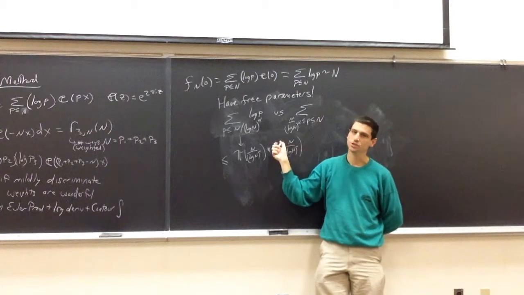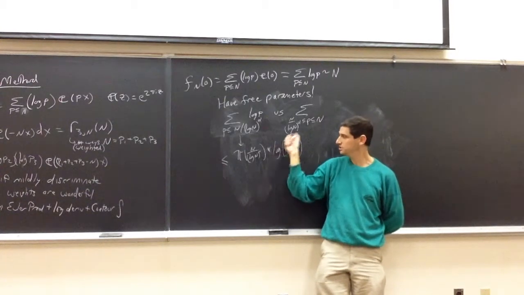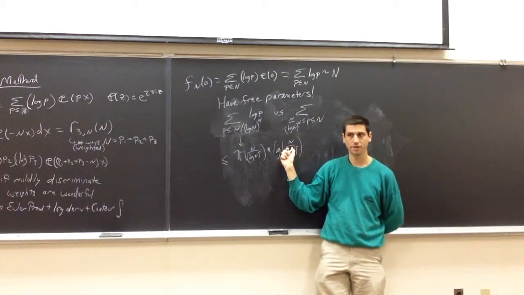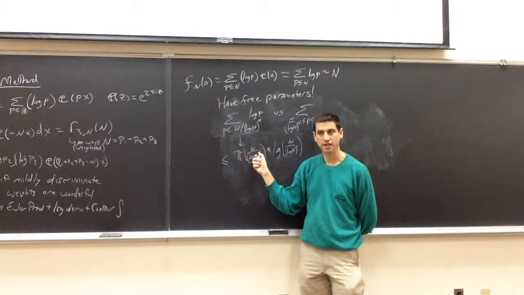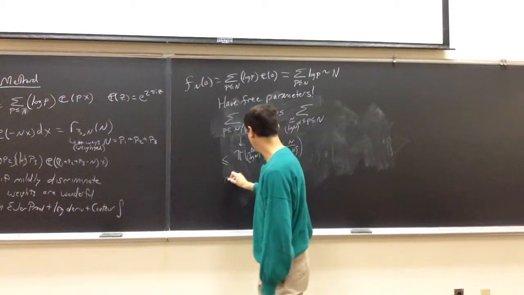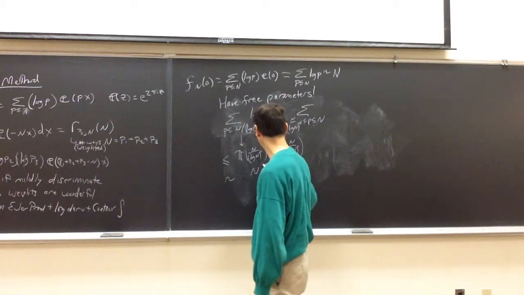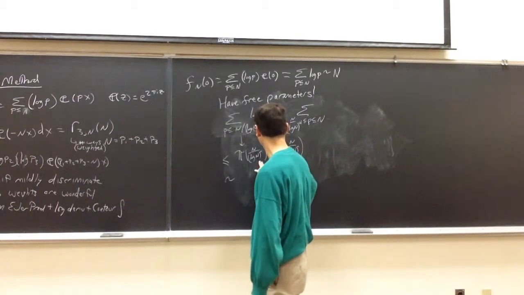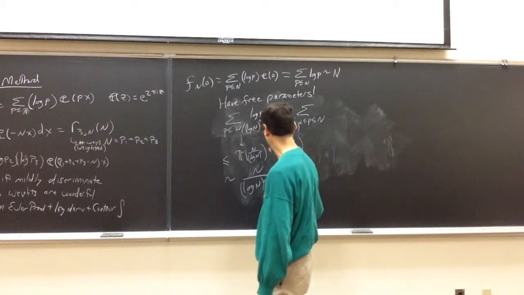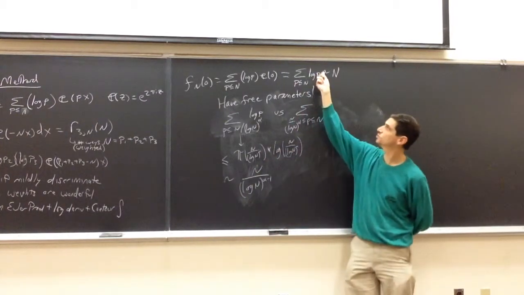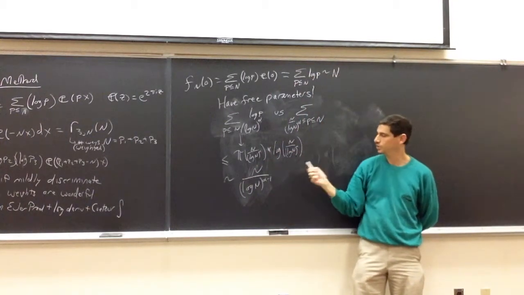The minus log log is small relative to the log. So this term really looks like a log of n. This is going to look like n over log n to the alpha. So this is going to look like n over log of n to the alpha minus 1. And if we're trying to show that it's smaller than this, what do we need to choose for alpha?